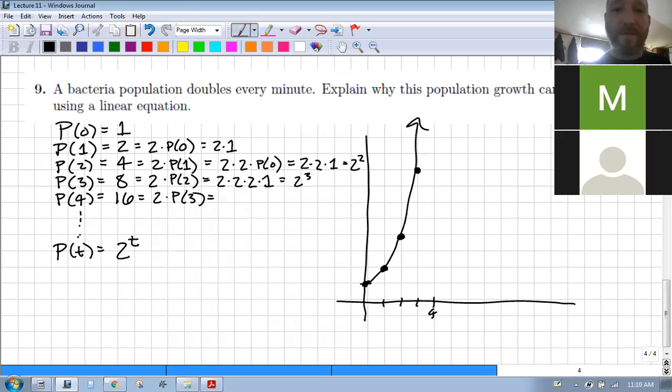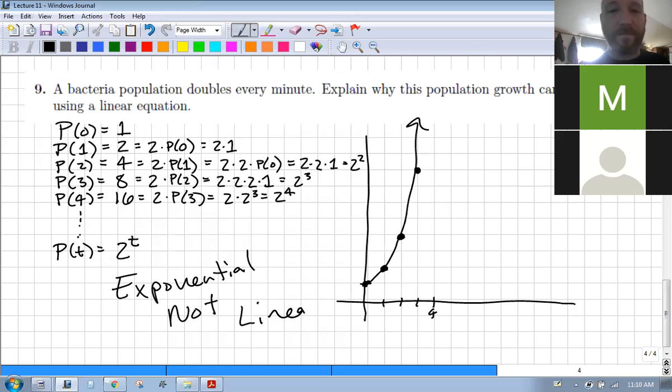But P of 3 is 2 cubed. So we have 2 times 2 cubed, which is 2 to the 4th. This is an exponential function, which is not linear. It's not a straight line.